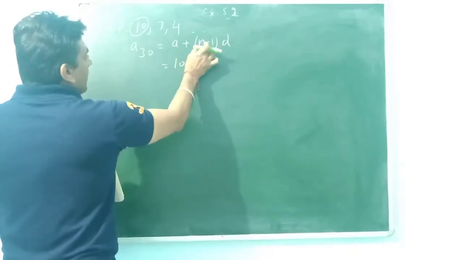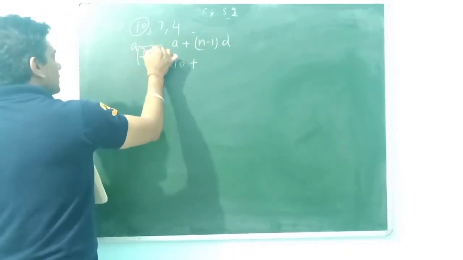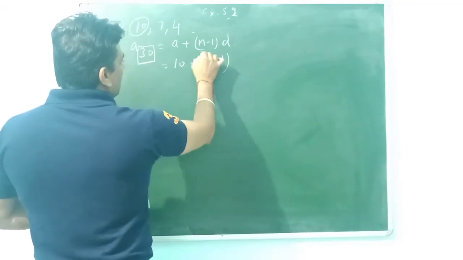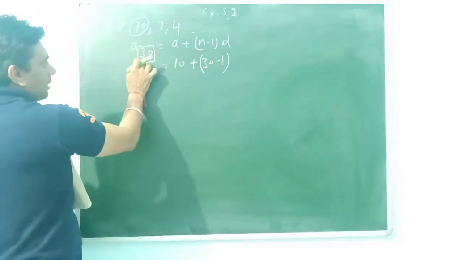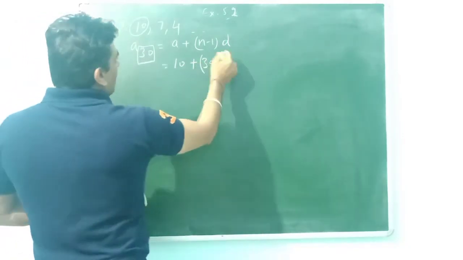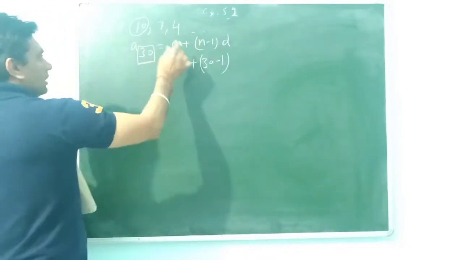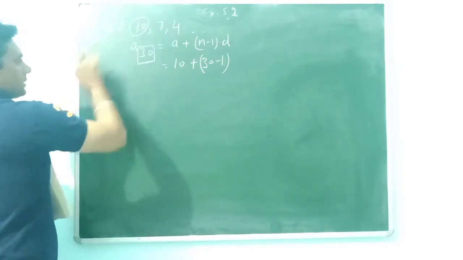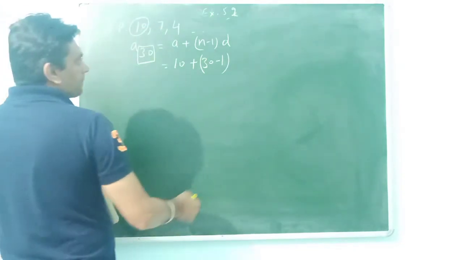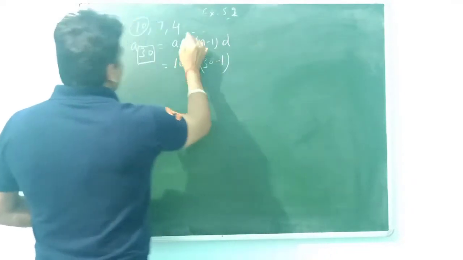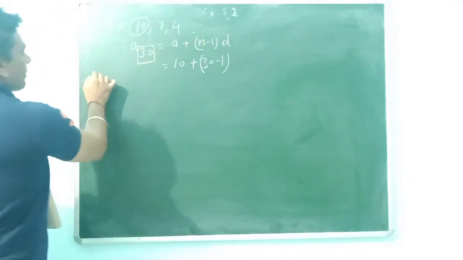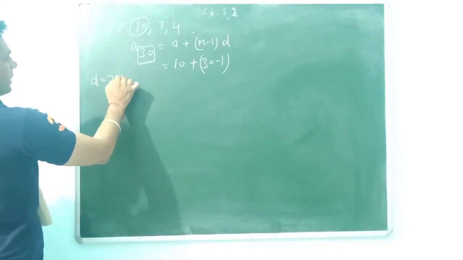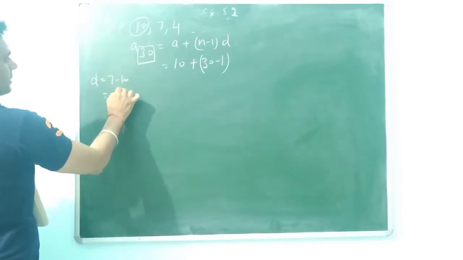Plus, what is N? N is 30, so 30 minus 1. And what is D for this? 7 minus 10, we get minus 3.